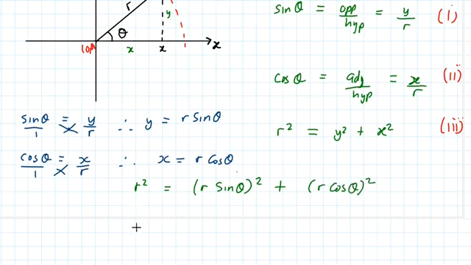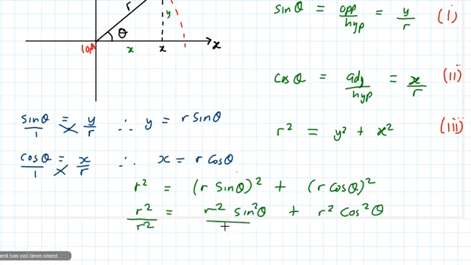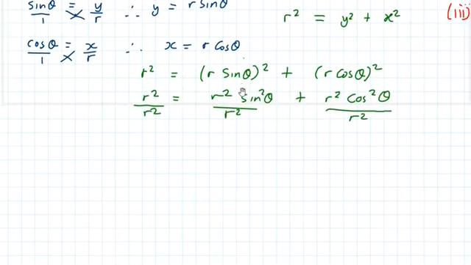So let's now simplify our expression. We now square it, plus r squared cos squared theta. Now we have to divide everything by r squared, since r squared is common on every term in our equation.